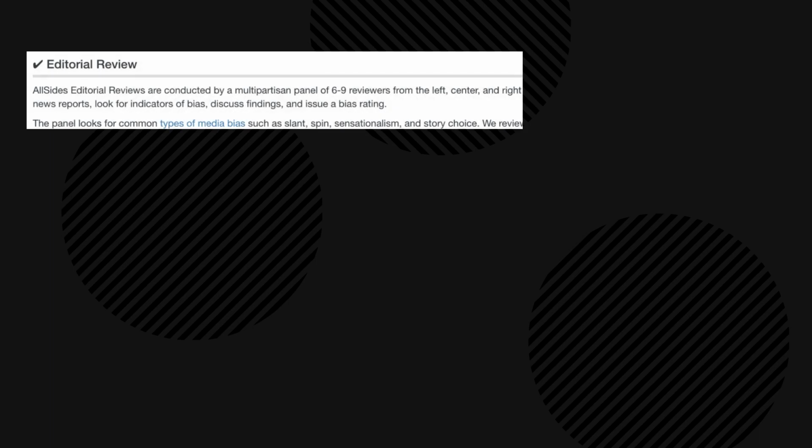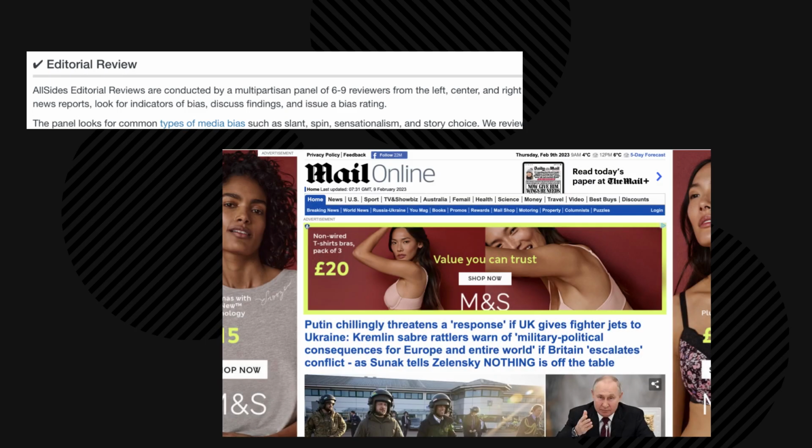This gives a more complete picture of the news website's bias by analysing multiple articles over time, and also looking at features of the website like the homepage, the sorts of photos that are used, article placement and things like that. In short, the whole presentation of the political news is considered in the editorial review.